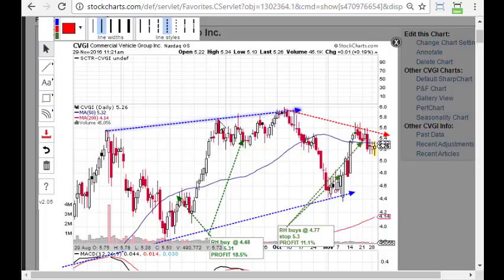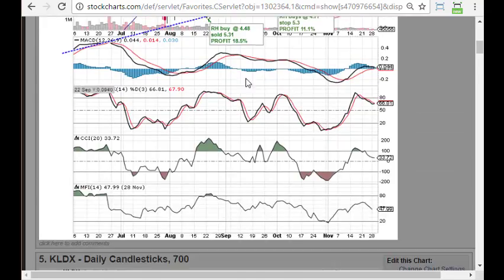Let's see what else. So this price pattern here, where you have a higher high and then a lower high, we call this a head and shoulders. This is one of the patterns in price action methodologies. Price action means you're just watching the price, and whatever pattern it makes, you make your trade decisions on that. So I use a combination of price action, and then the bottom here is stochastics technical analysis.